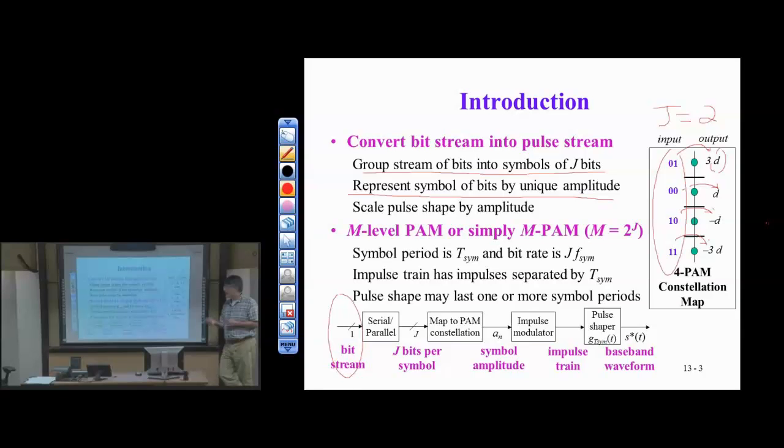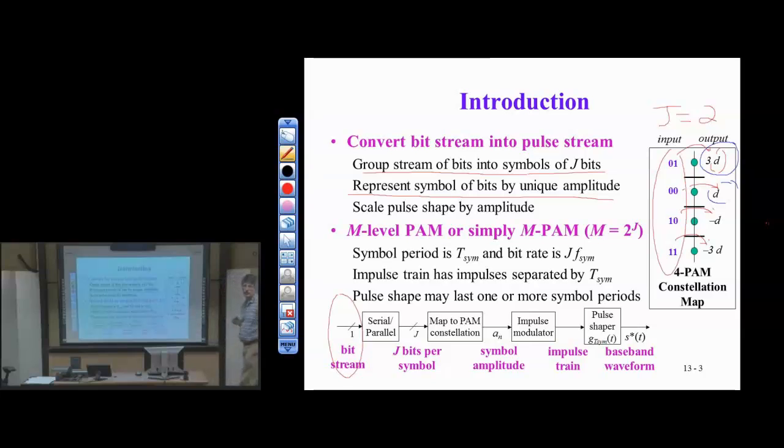There's also a notion of average power, which is, on average, how much power do we consume? If we assume that all the symbols are equally likely, the possible powers here are 9D squared for the peak power, and the other option would be D squared. So on average, how much power would we consume, assuming equally likely transmission of these symbol values? 5D squared.